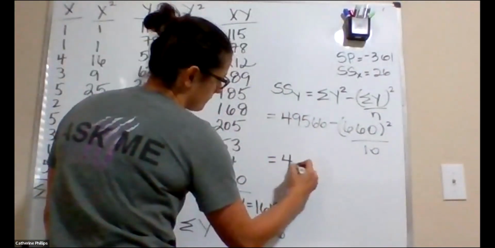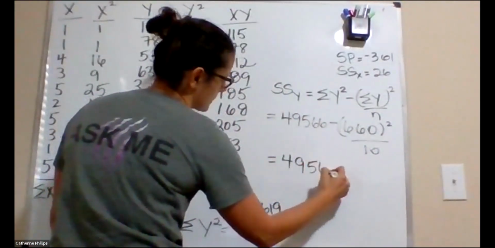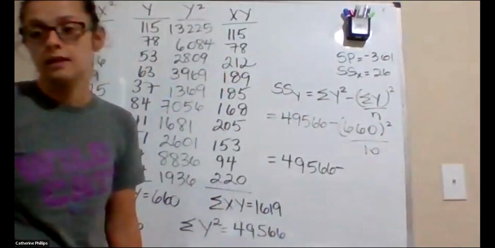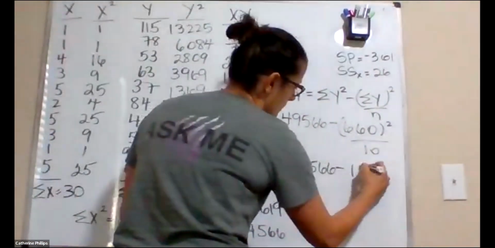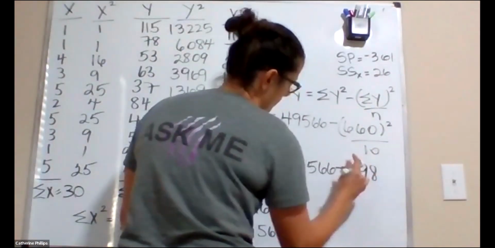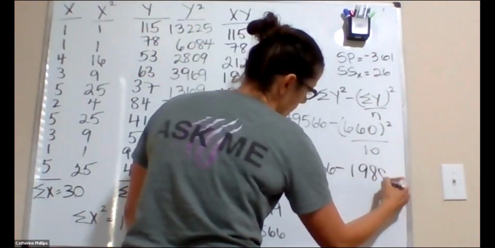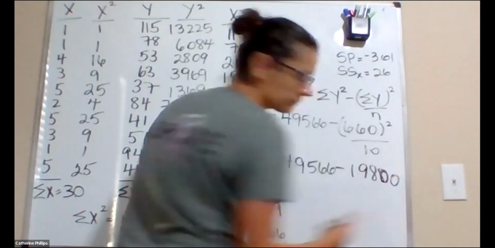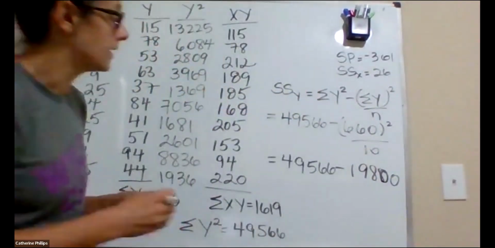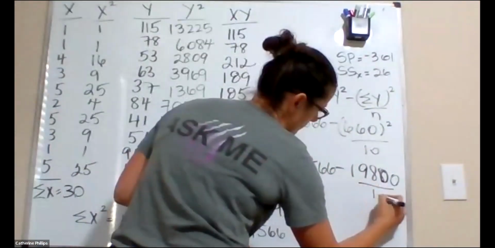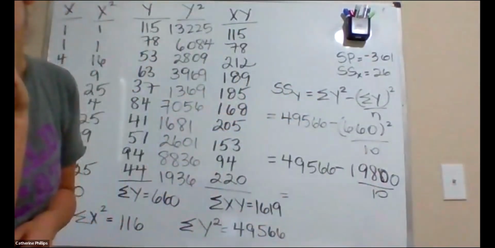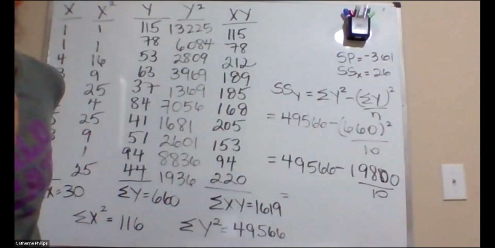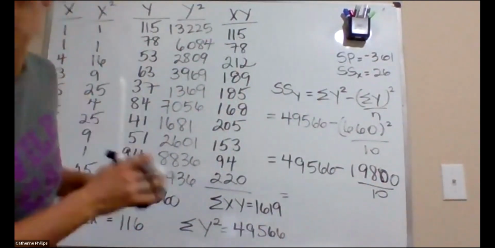So 49,566 subtract 660 squared is 1,900, or 19,800. And then it's divided by 10. Is that right? No, that's not right. I'm looking at the wrong part.